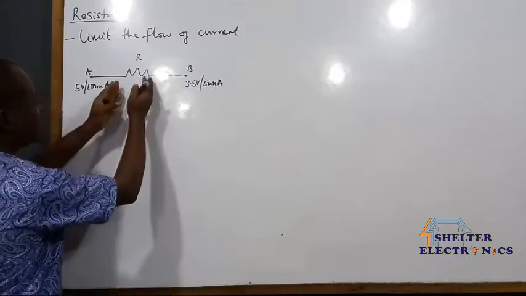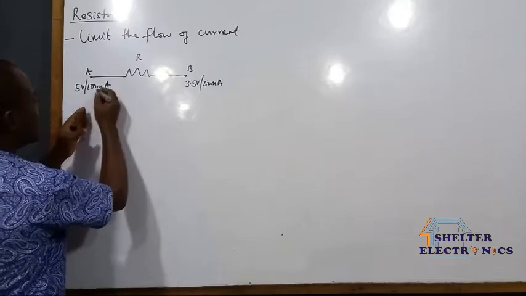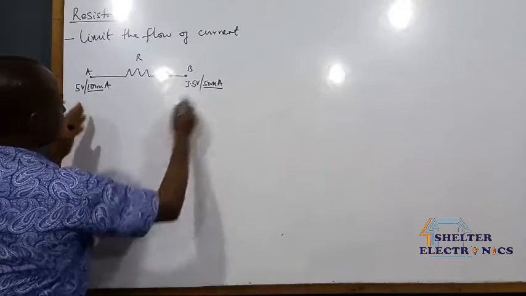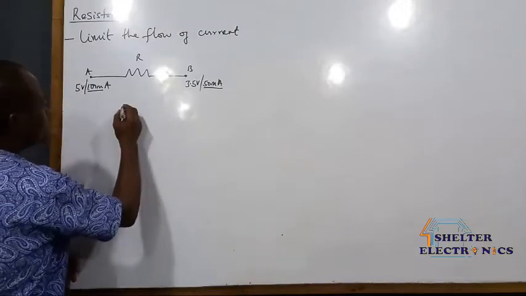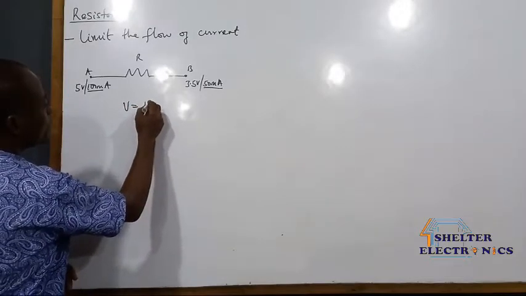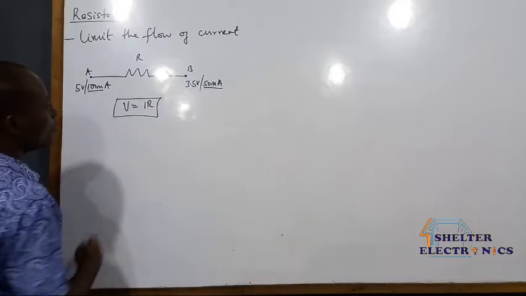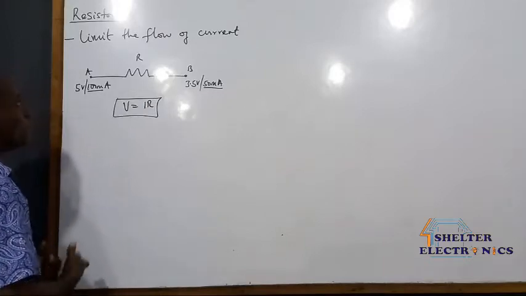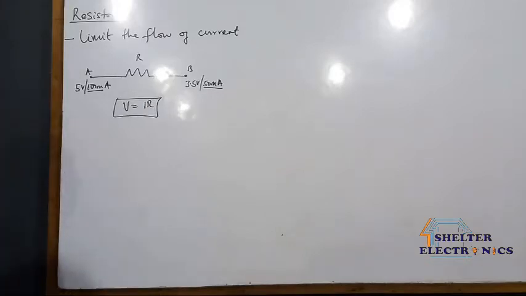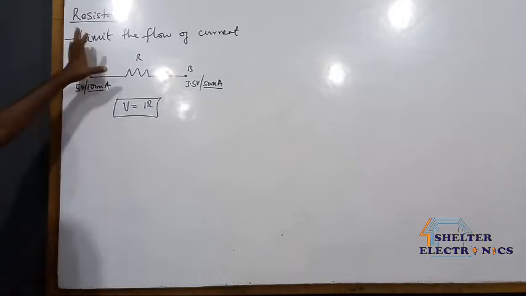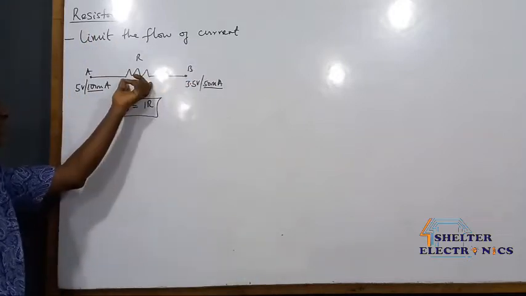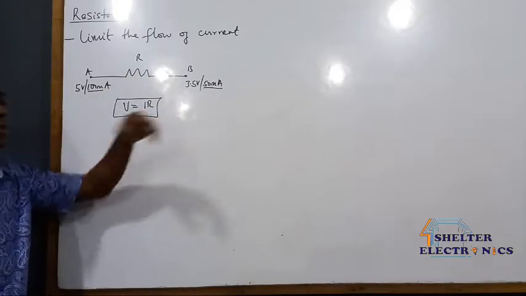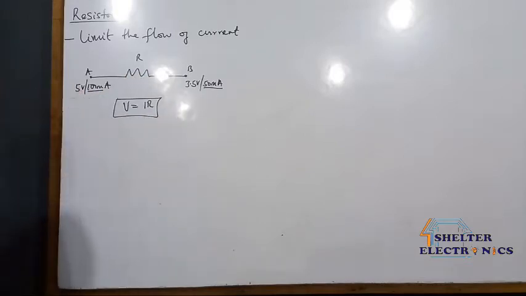The amount of resistance offered by this resistor determines how much current we get to see on the other hand. And as current passes through a resistor, there will always be a drop in voltage according to Ohm's law. So we describe resistors technically as passive components that limit the flow of current. The amount of resistance determines how much current you get at point B after the signal coming in from point A.